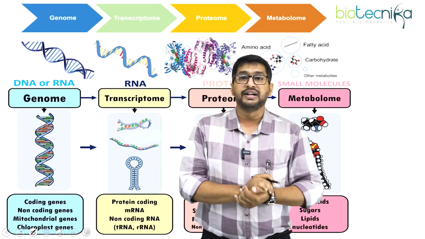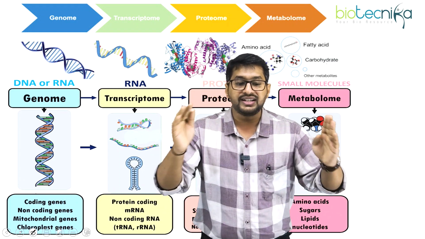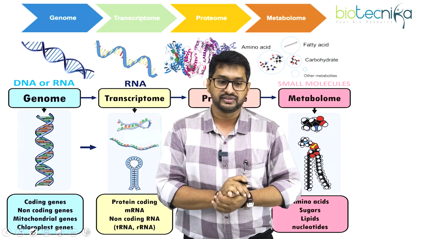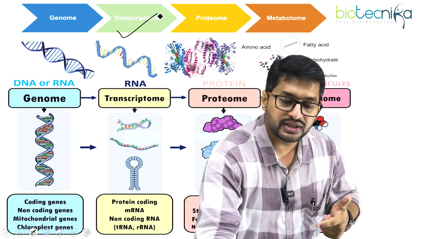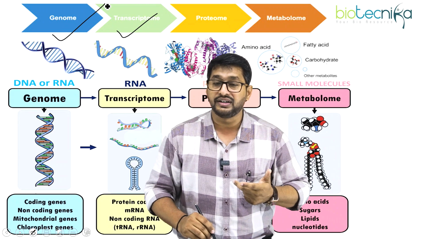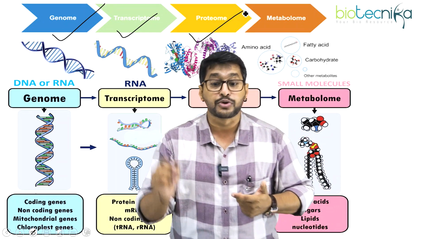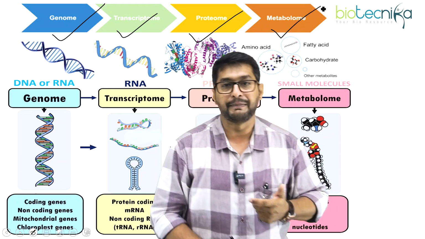Another important component in the GATE syllabus is to understand the four major components. One is to look into the genomic component. The second is the transcriptomic component. Then the next is to understand the proteome, and very importantly the metabolome.